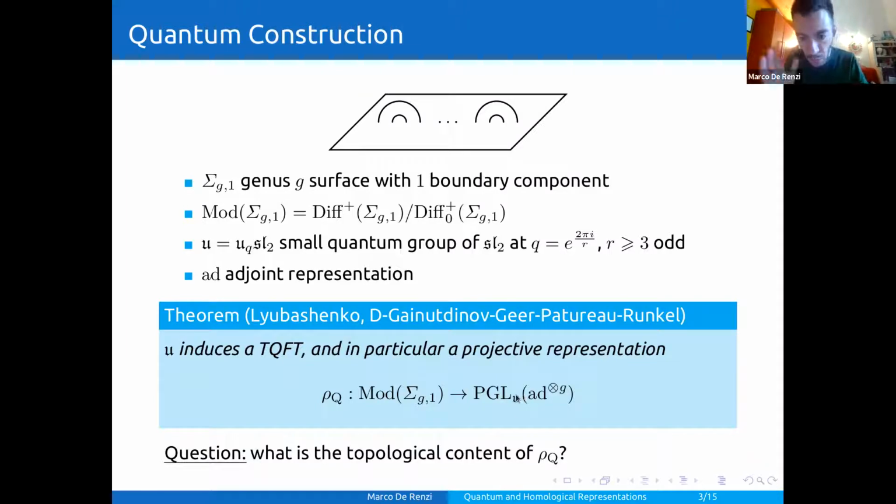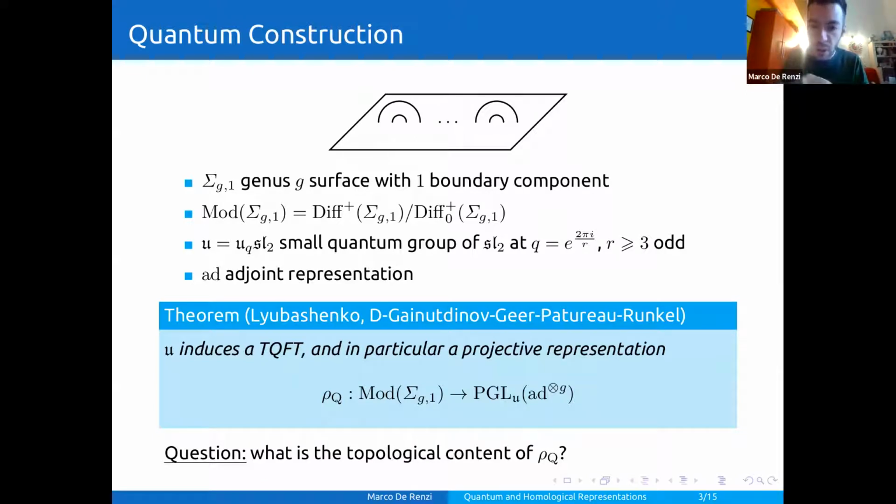This is a compact notation to denote the group of invertible U-module endomorphisms of this U-module up to multiplication by non-zero scalars. So what I'm saying here is that not only the mapping class group acts by linear endomorphisms, it also acts by really U-module morphisms.